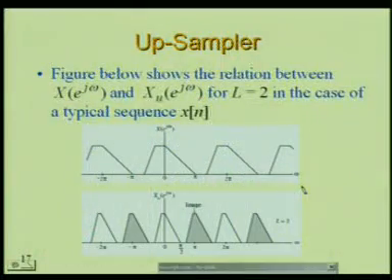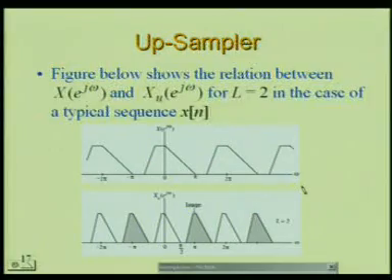This part is clear. So, here I can give you a pictorial representation of the frequency response. This figure shows the relation of X(e^jω). What is X(e^jω)? Frequency response of the discrete sequence x[n]. In analog domain, normally we use X(ω).